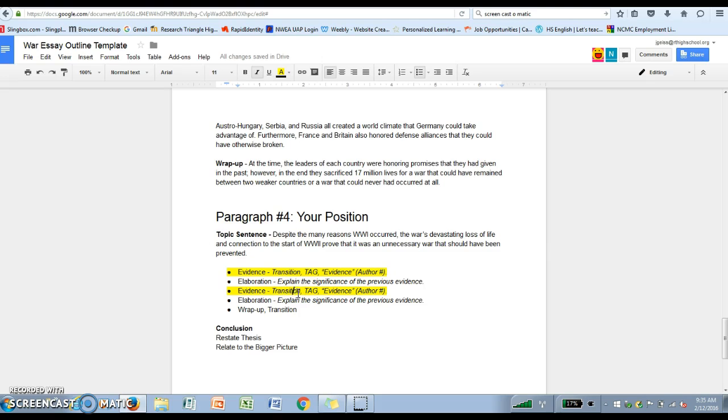So again, make sure that your thesis outlines the two pieces of evidence that you will have in this paragraph, and make sure that it is in the order that you will present that evidence. Then, last but not least, my topic sentence says, prove that it was an unnecessary war that should have been prevented. This is where I clearly state my position for the essay overall.